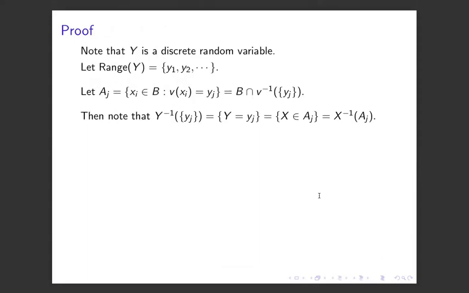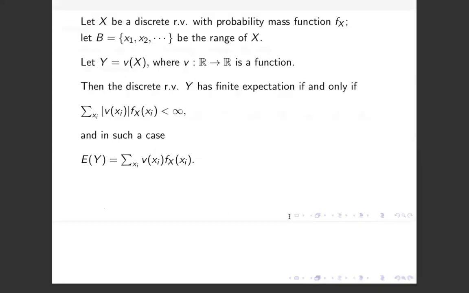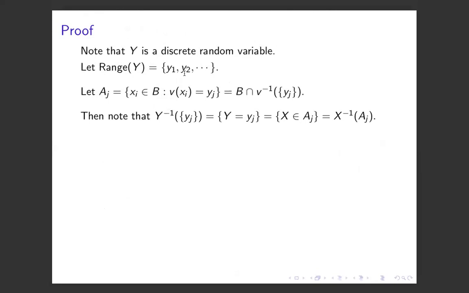We will prove only the first part, and the other thing is just by definition of expectation. As we had noted earlier, Y is a discrete random variable, and the range of Y we denote by y1, y2, etc. We will denote by A sub j all those points xi in the range of X, that is B, such that V of xi is equal to yj.